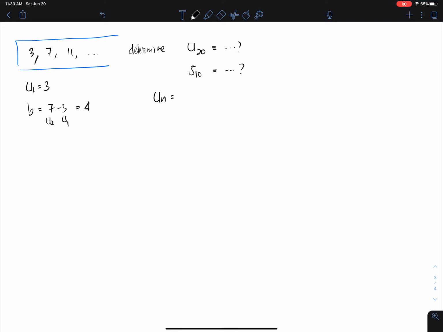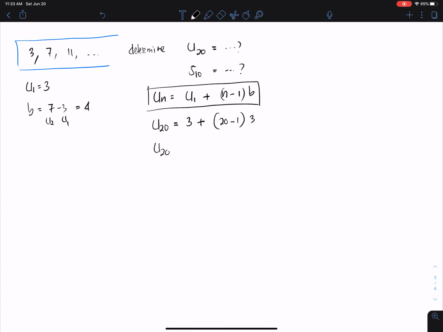As you know, Un is U1 plus n minus 1 times d. So immediately we can substitute the numbers for U20. For n equal to 20, U1 is 3 plus, and our n is 20 minus 1 times the difference, which is 4.